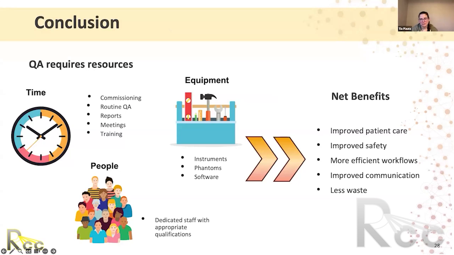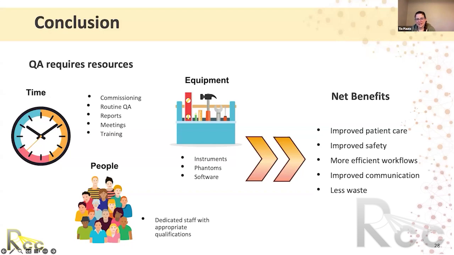It requires people, employees, dedicated staff with all the appropriate qualifications. It requires equipment. You need to have the appropriate instruments, phantoms, and software in order to do good QA. So it's really important to be able to justify all of these resources.